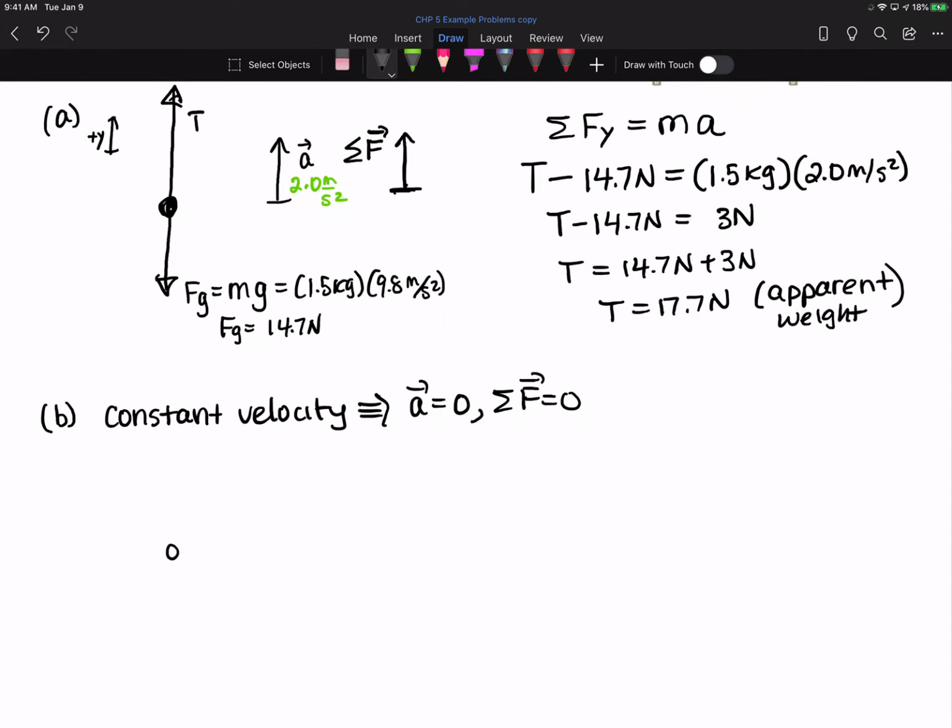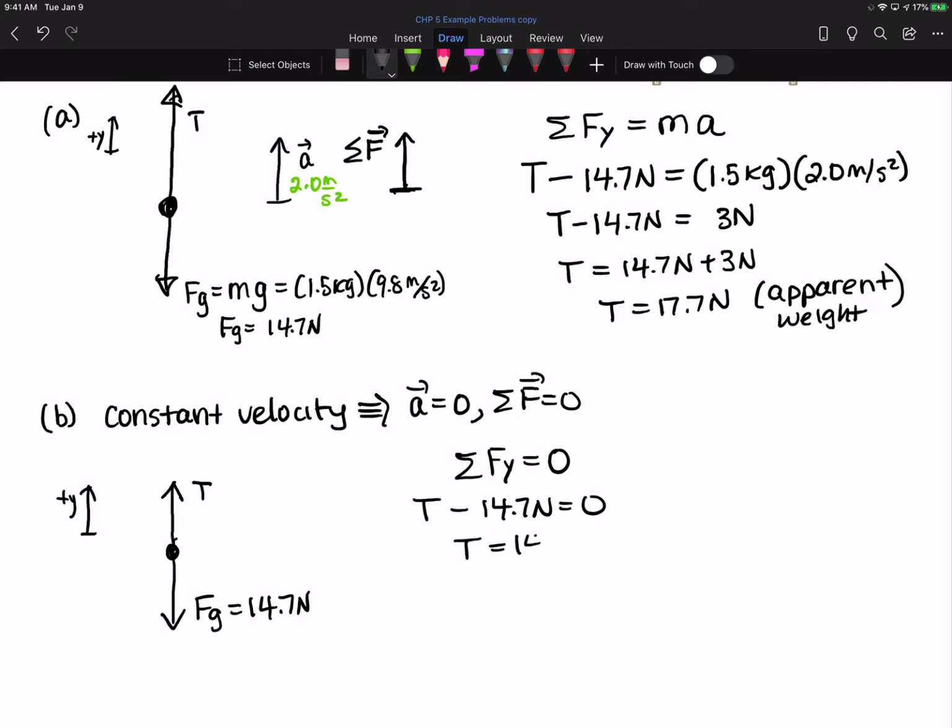So this time when I draw my free body diagram with the force of gravity acting down, 14.7 newtons, I can draw the tension to be the same value as the force of gravity, the same length, because I know, if this is again my positive y direction, that the sum of the forces in the y direction are going to have to equal 0. So I have to make sure those two forces, which are the only ones acting on the fish, add up to 0. So the tension minus 14.7 is equal to 0, so the tension is 14.7 newtons.